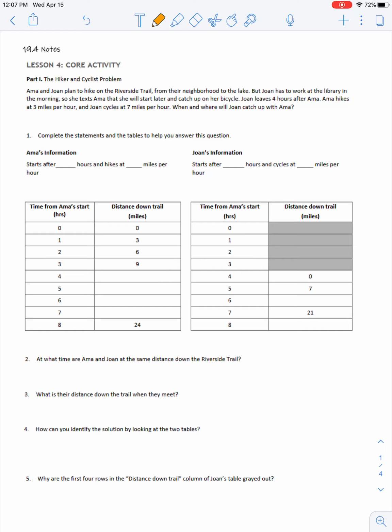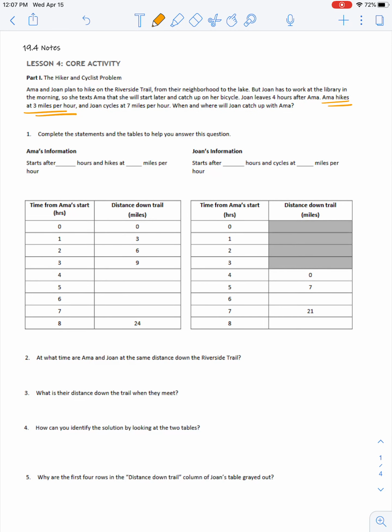Okay, so we're gonna go through and just pull some information out and fill out Amma and Joan's table. So if I'm looking at Amma, I know that Amma hikes at 3 miles per hour, so I can fill that in. And if you're not sure after how many hours Amma starts, you can look at her table and it says right here, 0 hours.